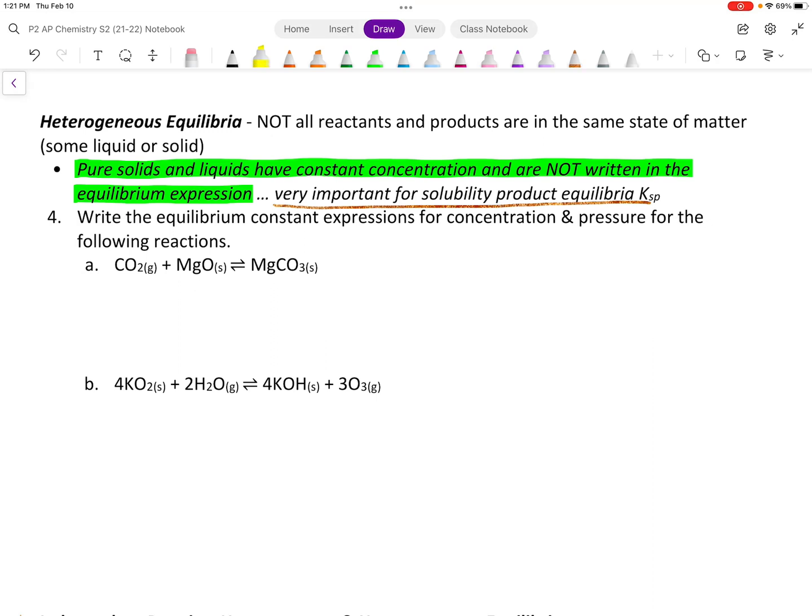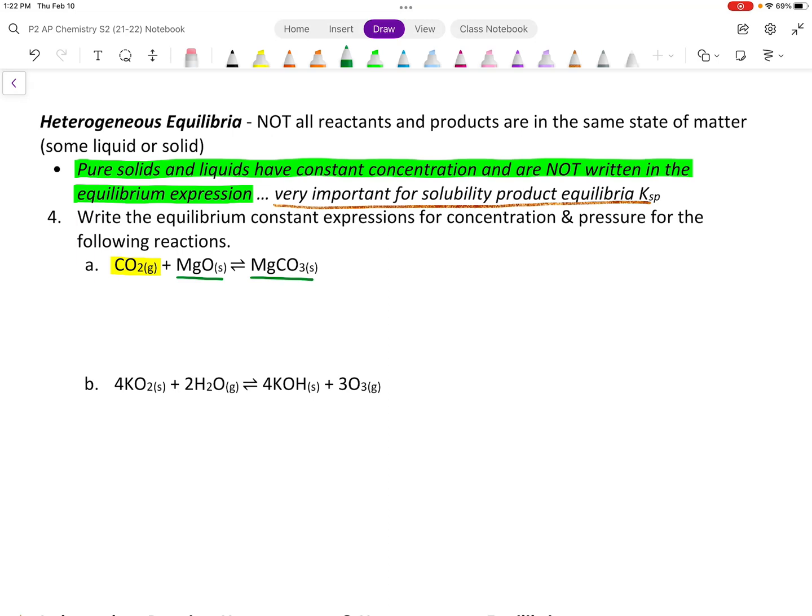So in this first one, for A, it says write the equilibrium constant expression for concentrations and pressure for the following reactions. And so in this situation, we have CO2 as a gas, but both of these other two, the magnesium oxide and the magnesium carbonate, are solids, and so they're not going to be part of that equilibrium expression.